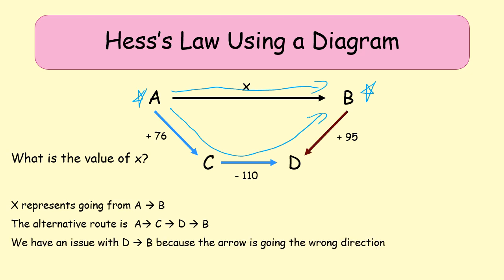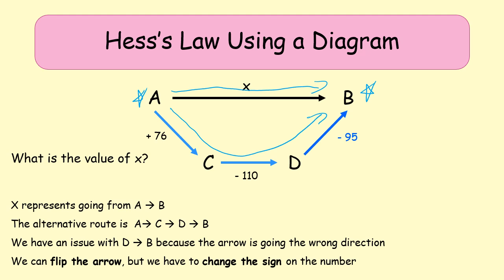The issue is, we don't have the energy change from D to B. We have it the other way round. Our arrow is going the wrong direction. And so what we have to do is flip the arrow. But if we flip the arrow, we also have to change the sign on the enthalpy change.